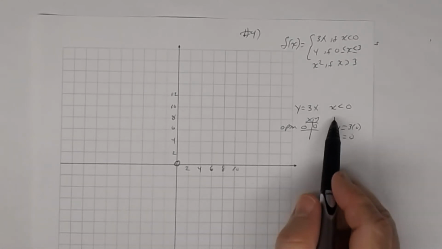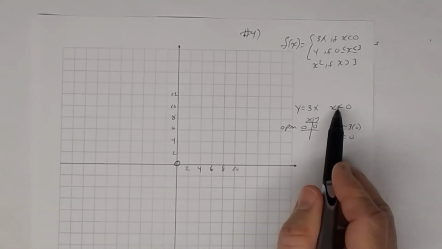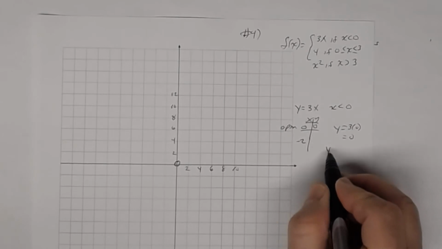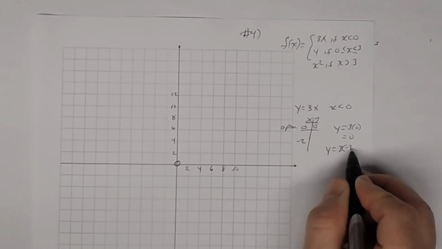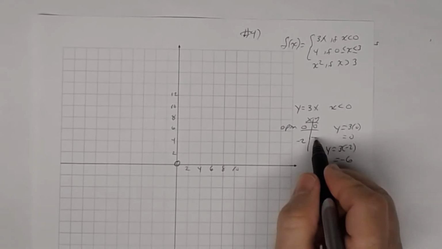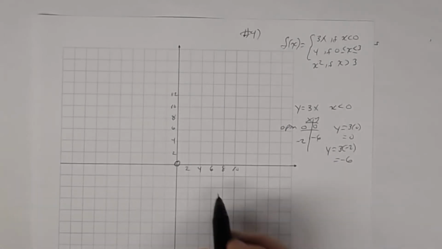And then I need one more point, so I'm going to pick another value of x that's in this domain, though, so it's less than 0. So let's say negative 2. If x is negative 2, I get y equals 3 times a negative 2. Well, 3 times a negative 2 is a negative 6. So I'm going to plot the point negative 2, negative 6.